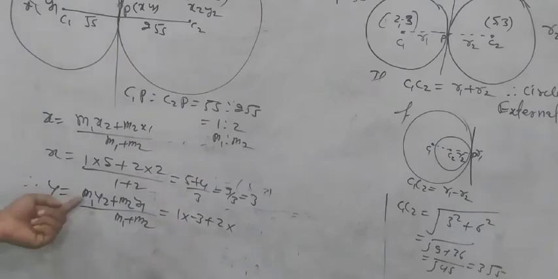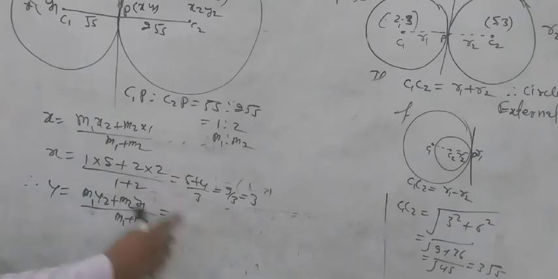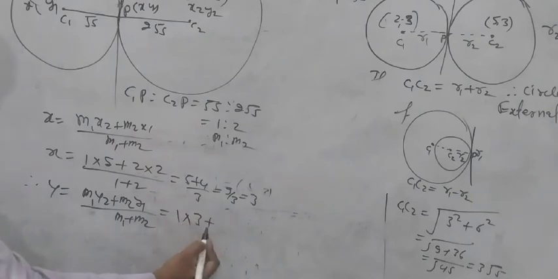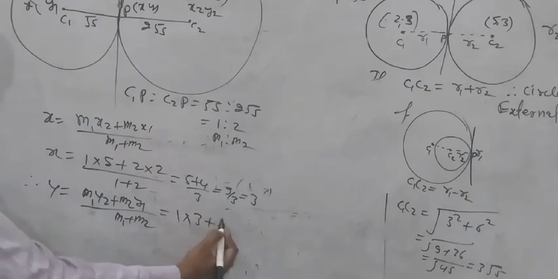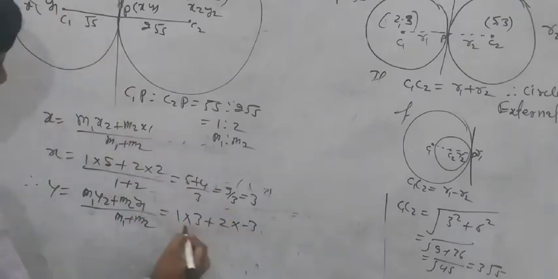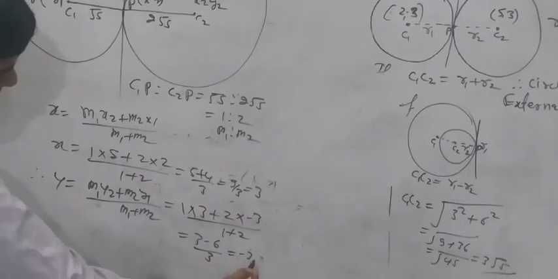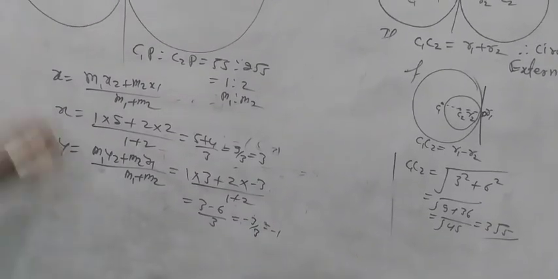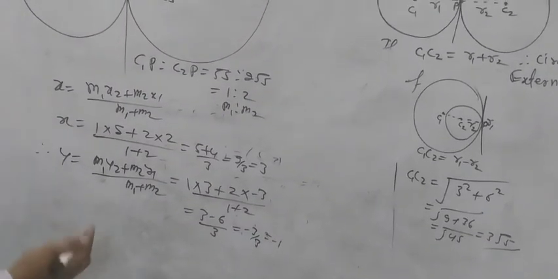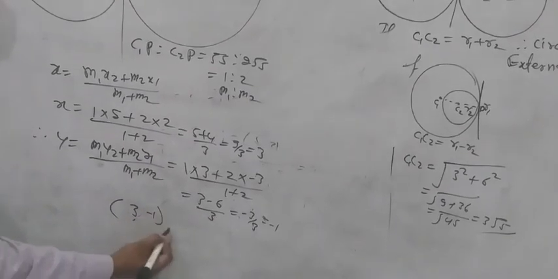Clear? m1 is given 1, y2 means 3, plus m2 is 2 and y1 means minus 3, upon m1 plus m2, that is 1 plus 2. 3 minus 6 by 3, that is minus 3 by 3, is equal to minus 1. So what is the coordinate of this point? x comma y, x is equal to 3, y is equal to minus 1.